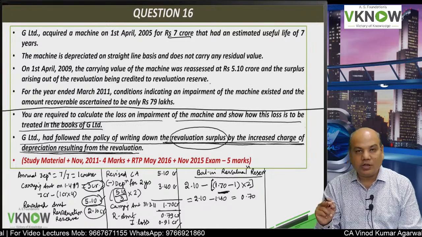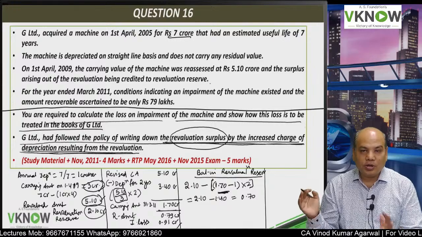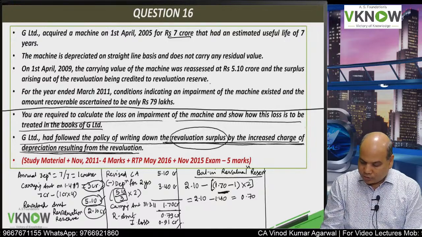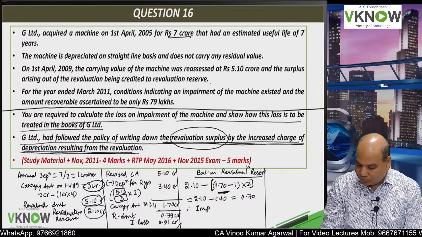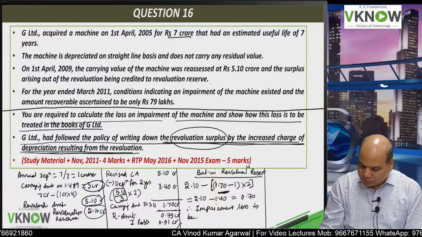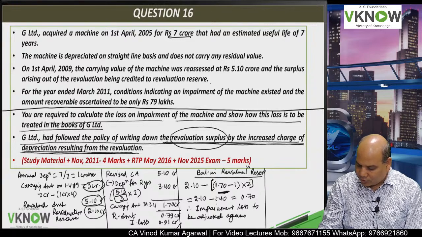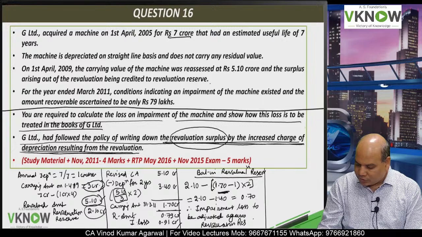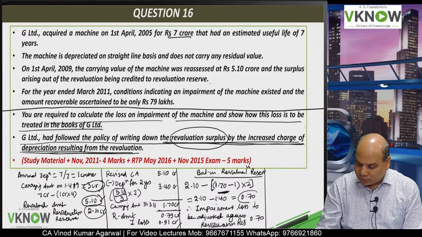Excess depreciation 70 lakh per year into 2, 1.4 crore, is debited to revaluation reserve and credited to general reserve. And what is my impairment loss? 0.91. Therefore, impairment loss to be adjusted against revaluation reserve will be only 0.70, because the balance is only 0.70.